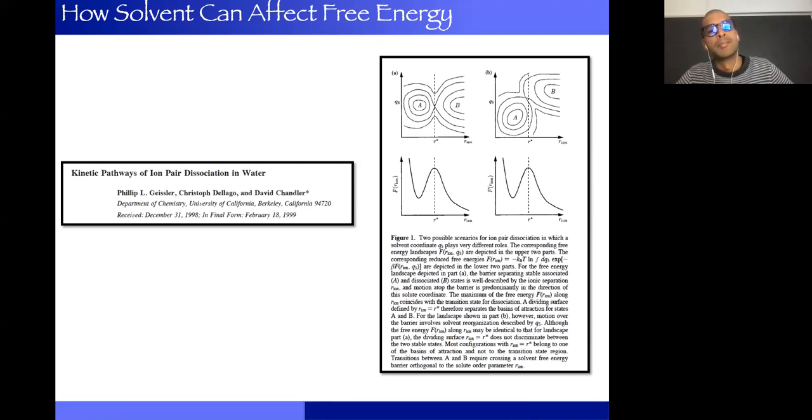This is just a teaser, an example of how this can happen. But I highly recommend that you take a look at this article, because it's very interesting. And I think they also use something called transition path sampling, which you have probably already learned about in Alessandro's class.